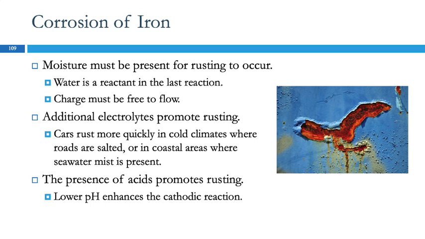We call them rust buckets, right? And you come out to California and you just don't really see that very much, unless you go to the coast. If you've got a car at the coast, you can have some trouble too, because the seawater mist has salt in it, and that can contribute to the rusting. Acids will also promote rusting because hydrogen ion is one of the reactants as well.